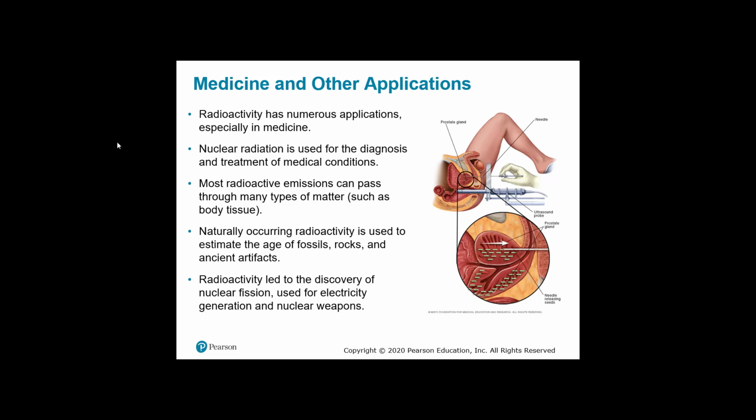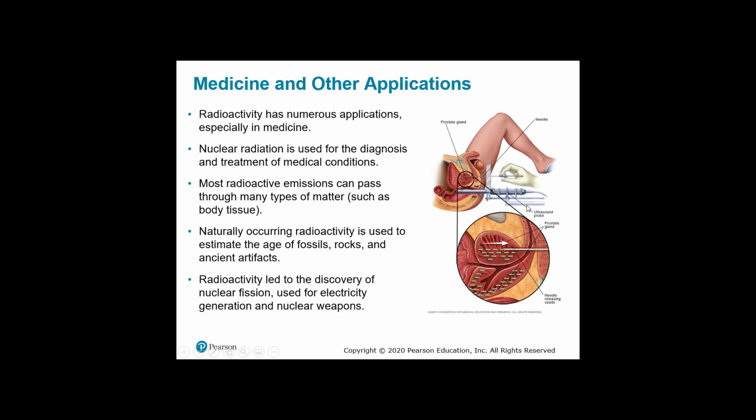We're also going to cover what types of radiation can pass and how far, because most people don't understand radioactivity, and different types of radioactive particles travel different distances. Naturally occurring radioactivity is used to estimate the age of fossils and so forth. Radioactivity led to the discovery of nuclear fission. There are just so many applications. When you hear radioactive, you really don't understand that there's a lot that goes on with this.